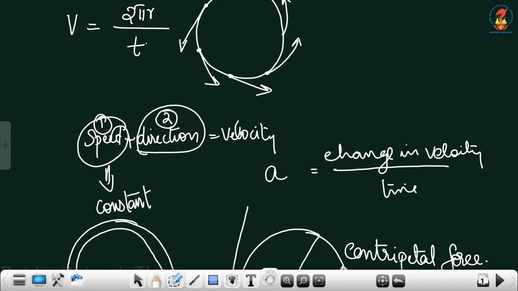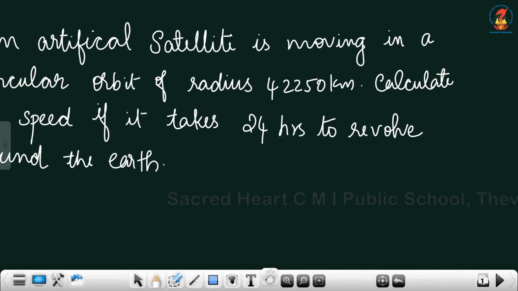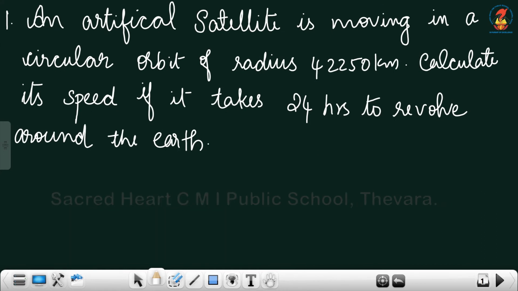That is the first question. An artificial satellite is moving on a circular orbit of radius 42250 kilometer. Calculate the speed if it takes 24 hours to revolve around the earth. An object is moving along a circular path.